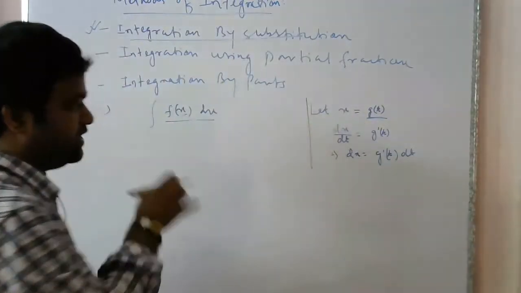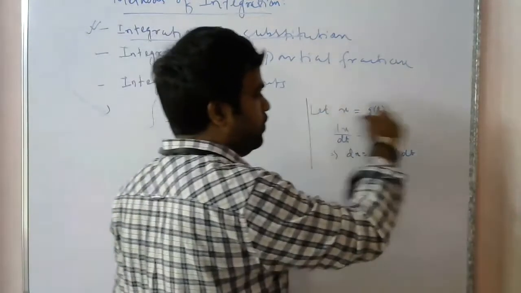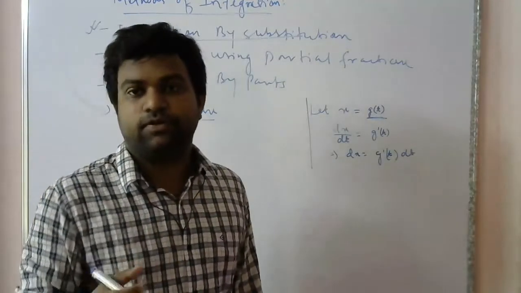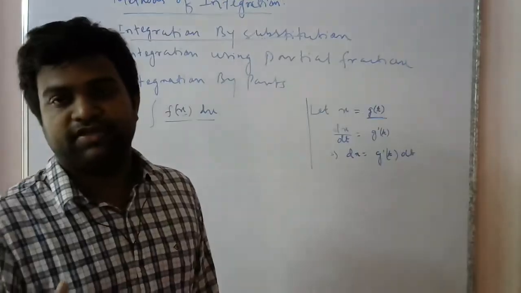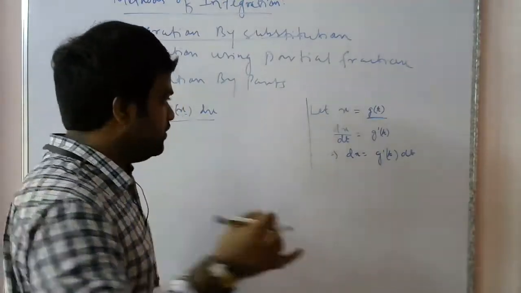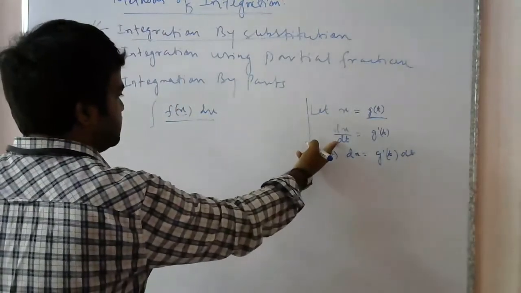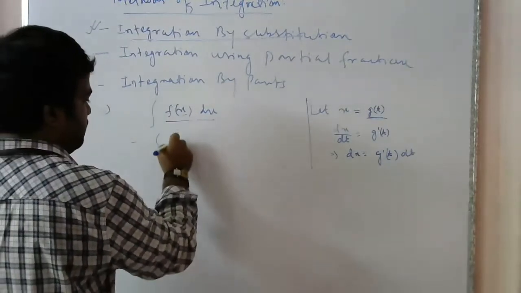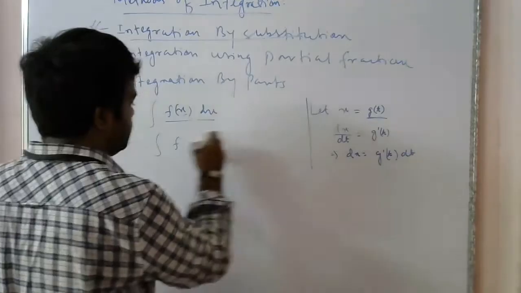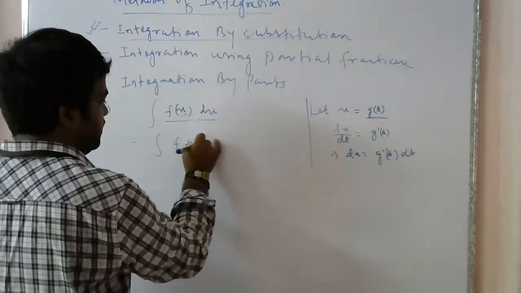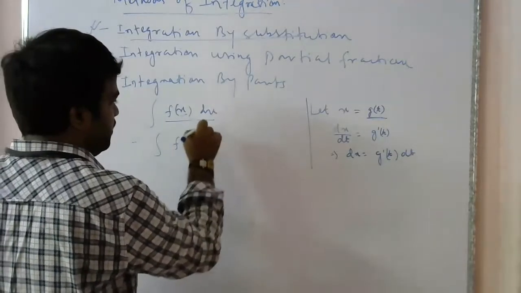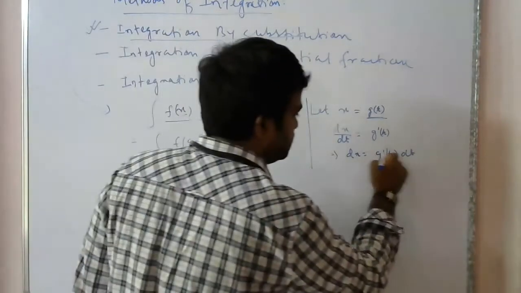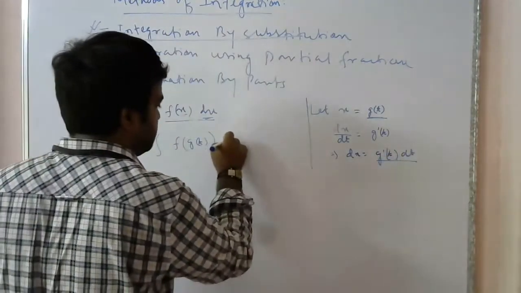Now your variables x and dx are all transformed to a new set of variables, that is t and dt. If we want to write this again here, then you can write f, and x is now a function of g, so you can write g of t, and dx is converted to g dash t dt.